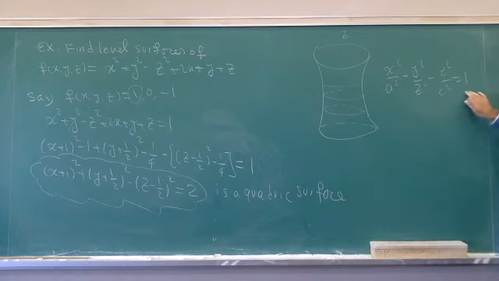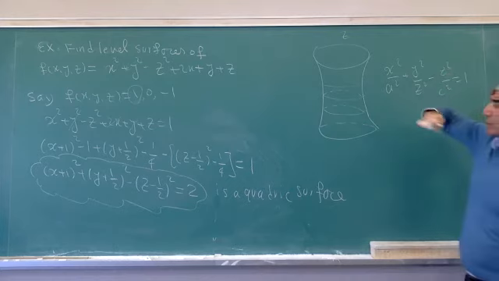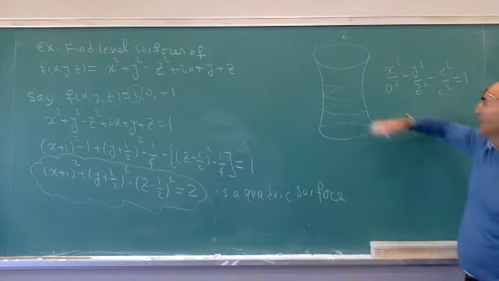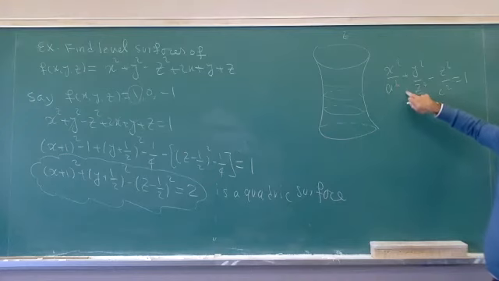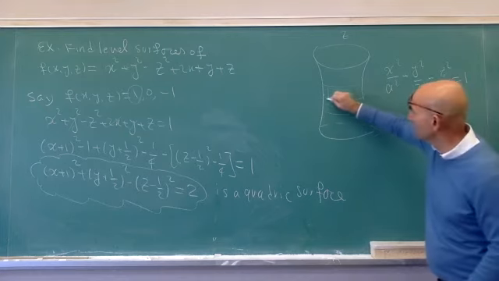So what was our reasoning? We brought this to the right-hand side, and we said that even if z is equal to 0, at this level you're going to get the ellipse x squared over a squared plus y squared over b squared equal to 1. So this would be this ellipse.